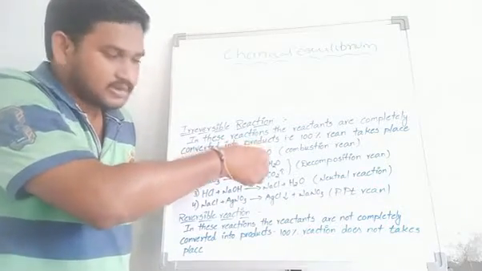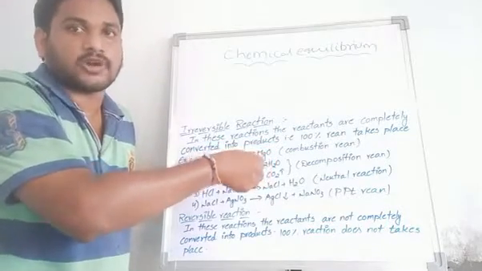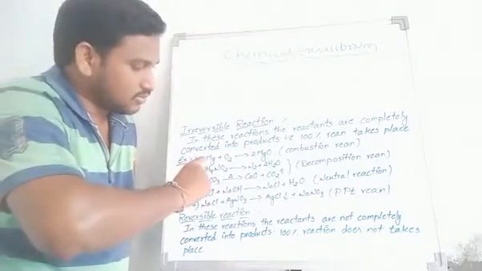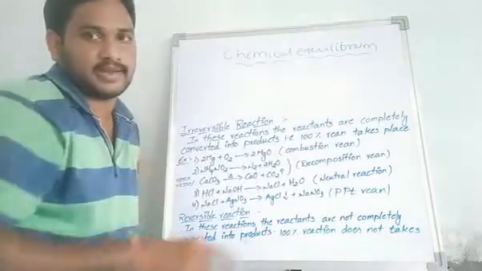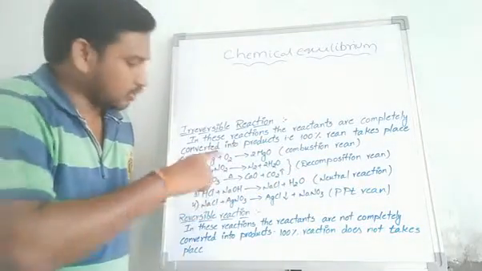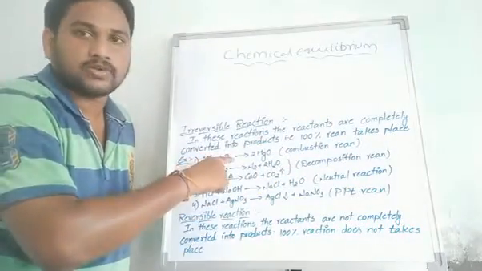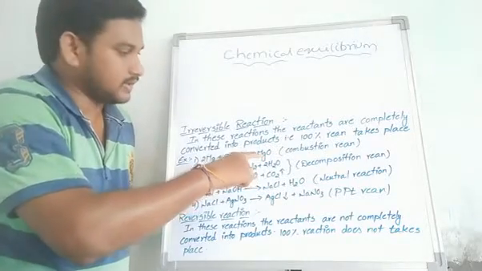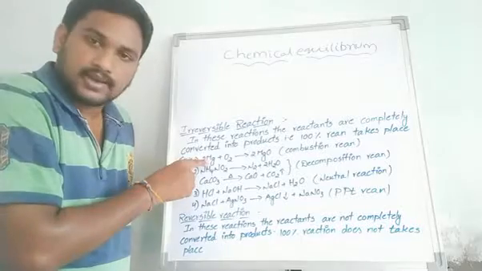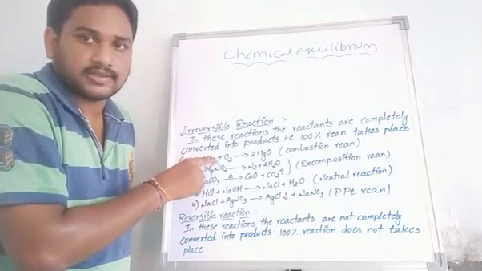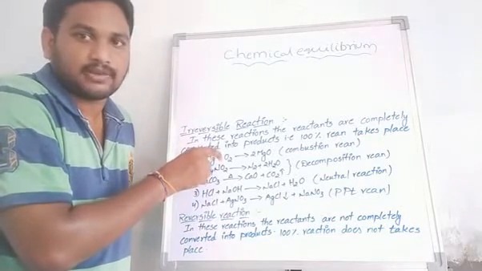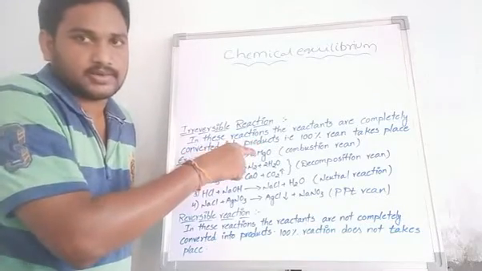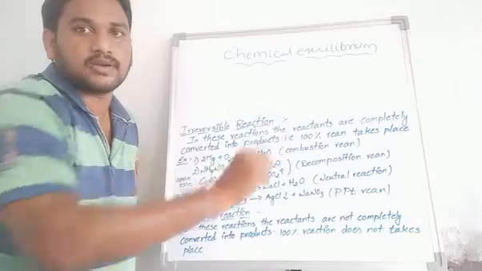Again, the magnesium oxide does not convert to magnesium and oxygen. Only one direction proceeds. Magnesium reacts with oxygen to form magnesium oxide. That is combustion, where magnesium and oxygen, both elements, combine to form one product. That is the combustion reaction.